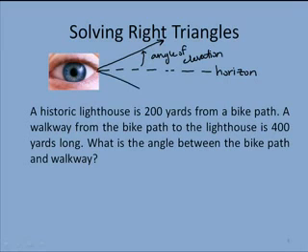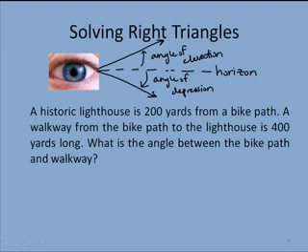If they're looking down at something from the horizon, that's called the angle of depression. So if they're looking up from the horizon, the angle of elevation, and if they're looking down, it's the angle of depression.